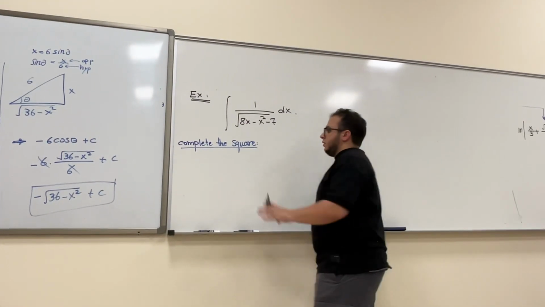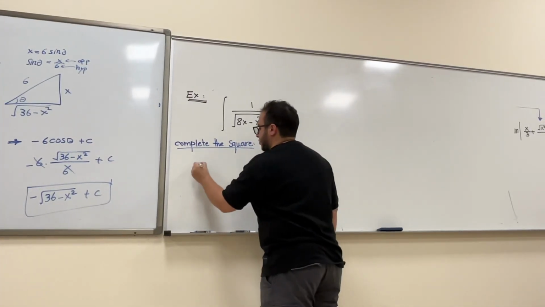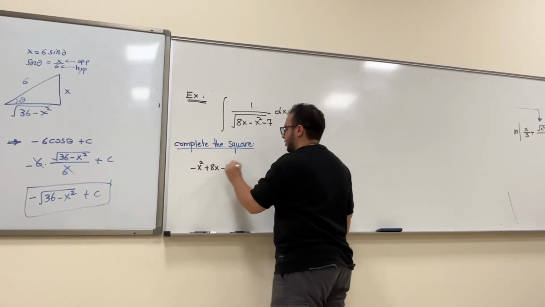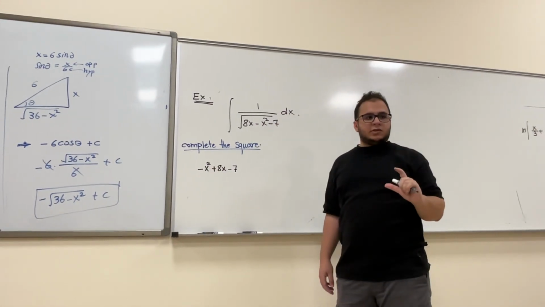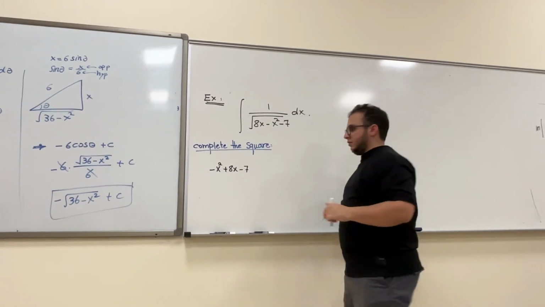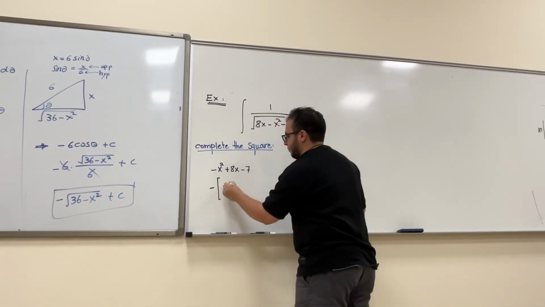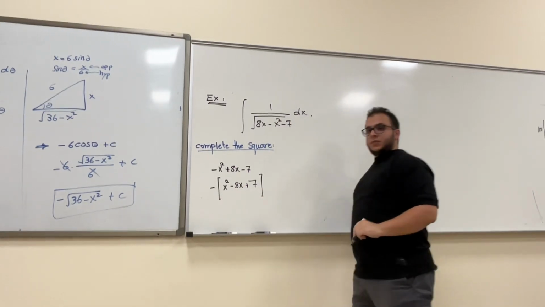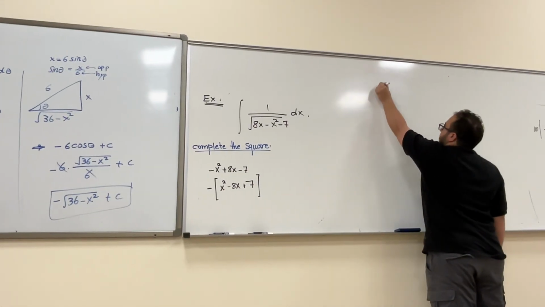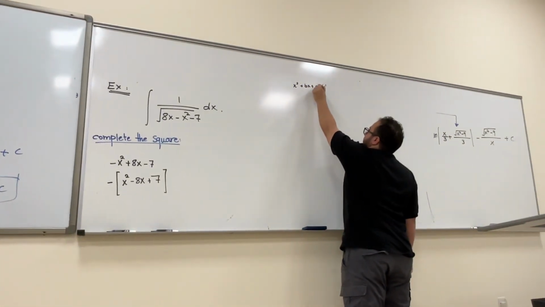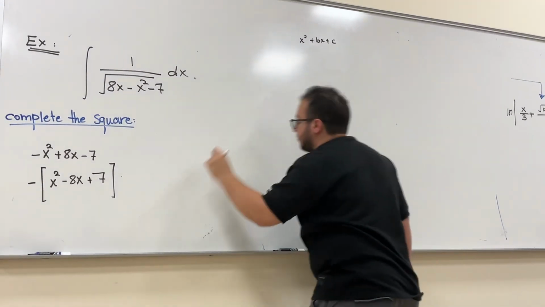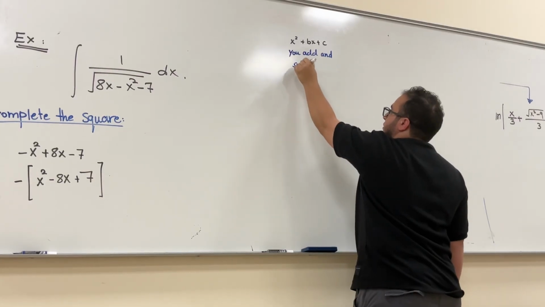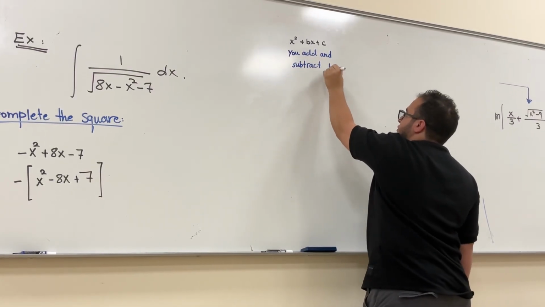Let's take it out first. So let's arrange it: minus x squared plus 8x minus 7. To complete the square, the coefficient of x squared has to be positive first, so I put the negative out. To complete any square, you have x squared plus bx plus c, and you add and subtract b over 2 all squared.